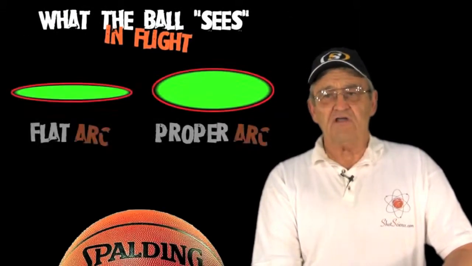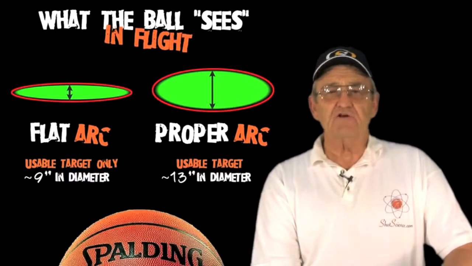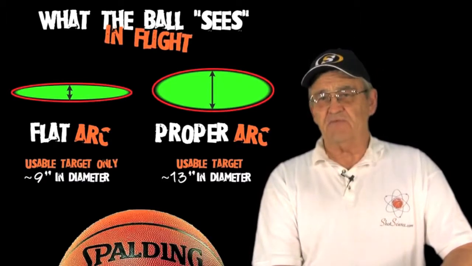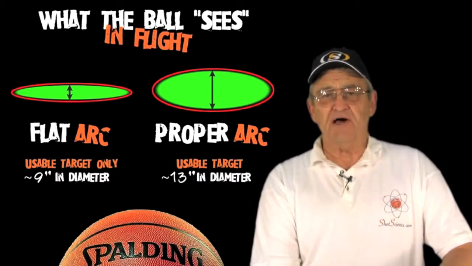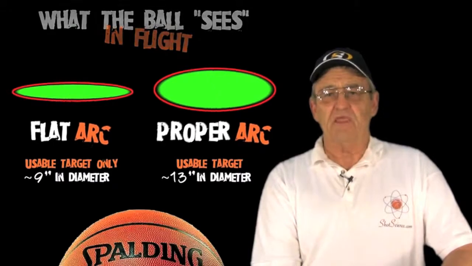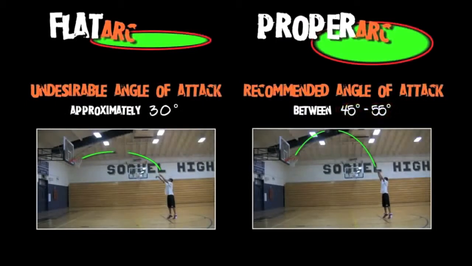The flatter the arc, the more oval shape that the basket becomes. We can make those shots, there's no question about that, but the thing that we want to do is to be able to shoot the basketball at the largest target possible, so that our percentage of makes goes really high. And the recommended angle of attack on the arc is somewhere between 45 and 55 degrees.